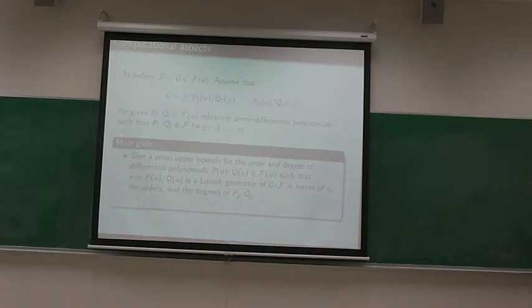That is, we want to estimate the order of this B in terms maybe of n, the number of generators, the orders of the generators, and the degrees of the numerator and the denominator, both for the order and for the degrees of the polynomials appearing here. And the second goal was to have a finite procedure to compute a Lüroth generator of the differential field extension.